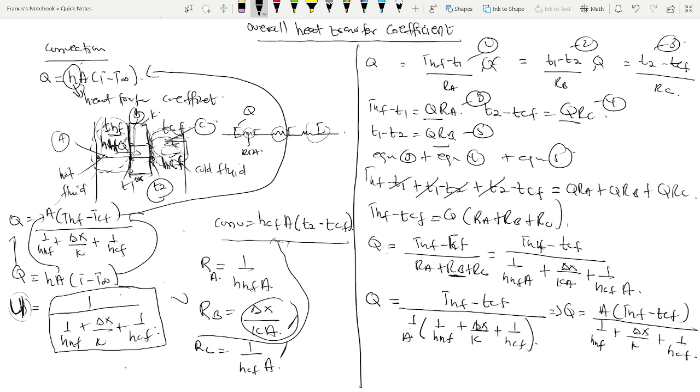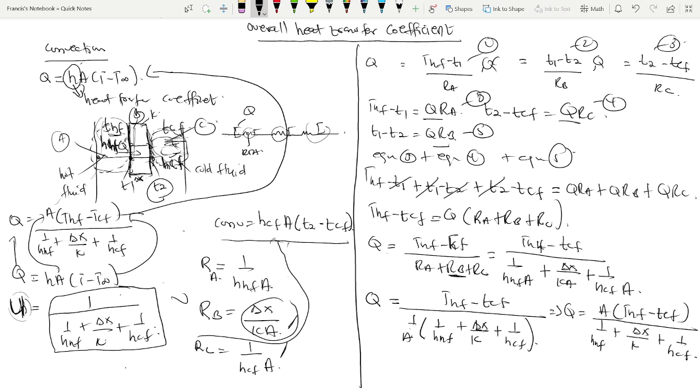Now this is not fixed for every problem, but the idea is always the same, that the overall heat transfer coefficient is always equal to 1 over the heat transfer by convection, by conduction, and then by convection.